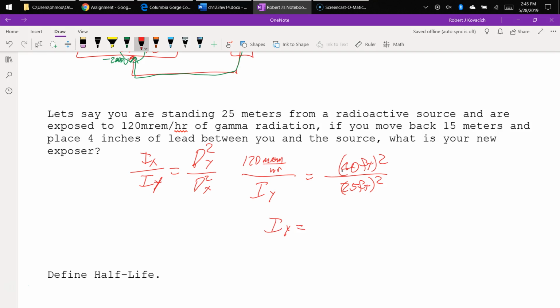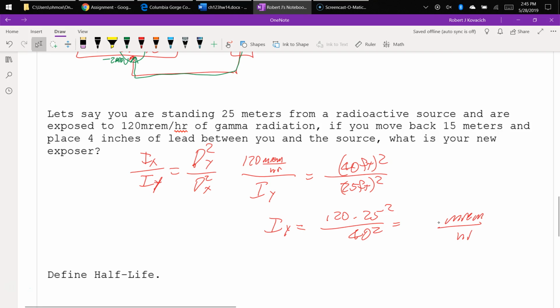So intensity Y is equal to 120 times 25 squared divided by 40 squared. That'll be millirem per hour. 120 times 25 squared divided by 40 squared equals, I'll just make it 47 millirem per hour.